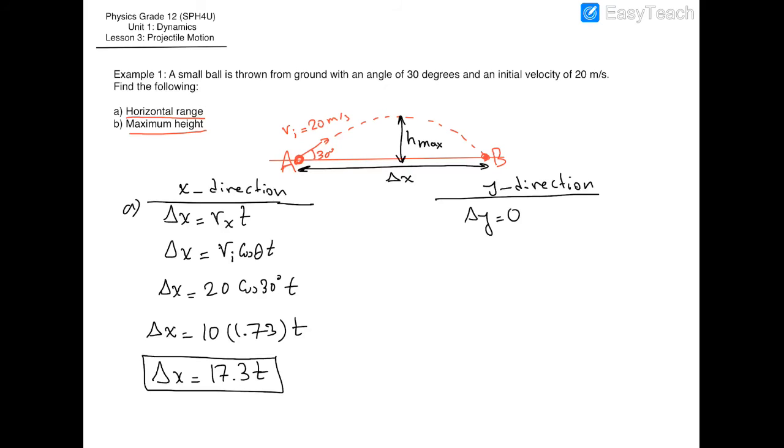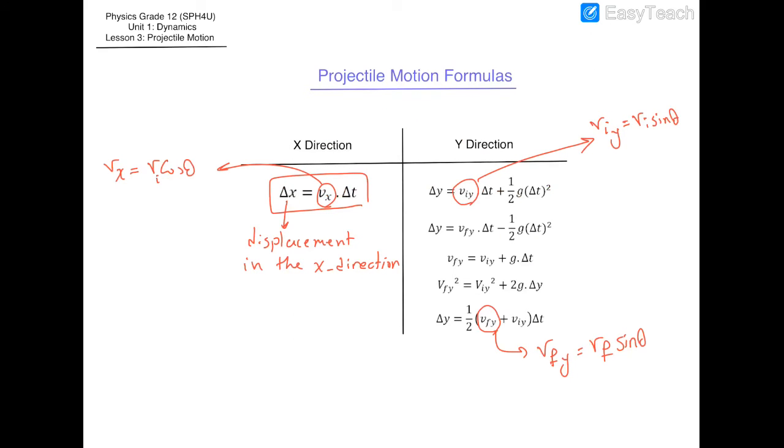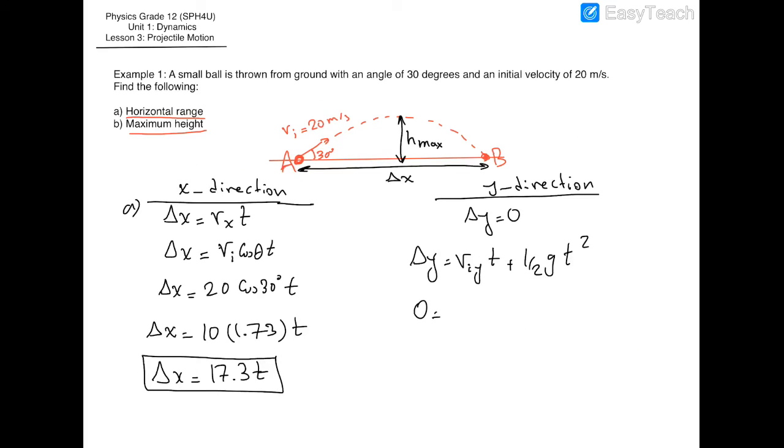So the formula that I can use is going to be the first one here, this one. I'm going to use that. So this is 0 equals Viy, which is Vi sine theta, so 20 times sine 30 times t plus 1 over 2 g t squared. Because it's towards the ground, I have to put a negative, because the down direction is negative.